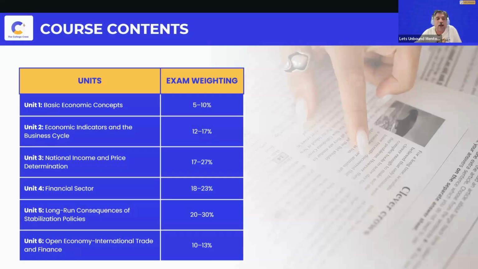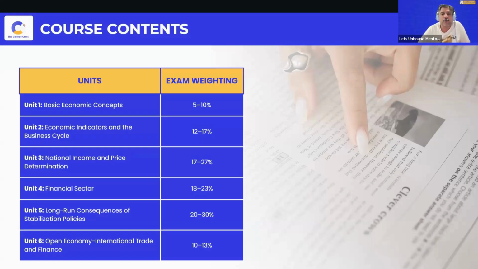So what are the long run consequences of these stabilization policies? That would be covered in unit number 5. And then finally, unit 6 is about the concept of international trade and open economy. Okay, so concepts such as international economics, concepts such as free trade policies or trade barriers, all of that would be discussed in unit number 6.